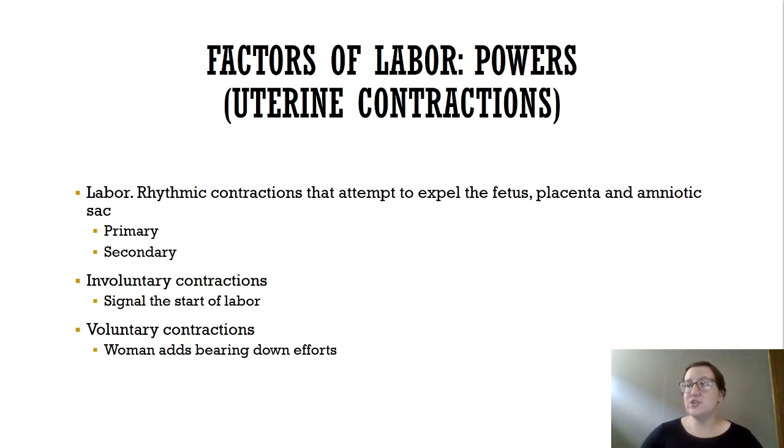When we're talking about the involuntary part of a contraction, there is a relaxation period during these contractions in which the blood is allowed to flow to the uterus and to the placenta.